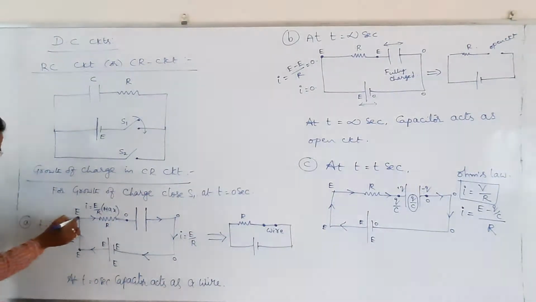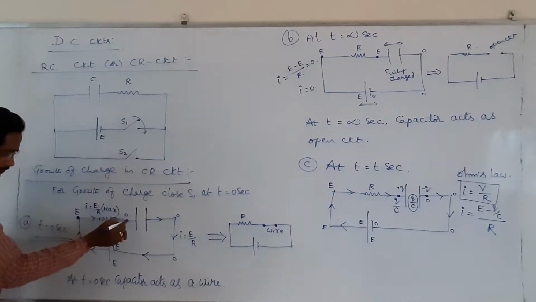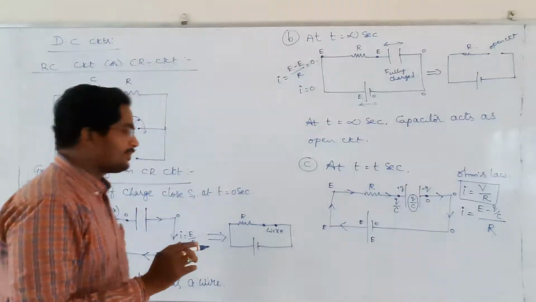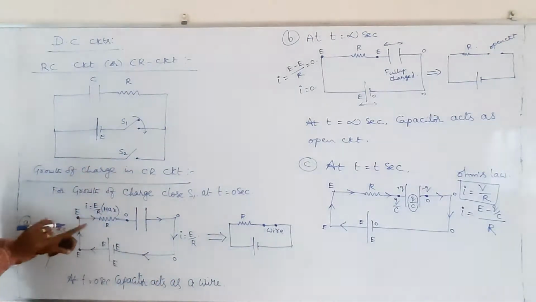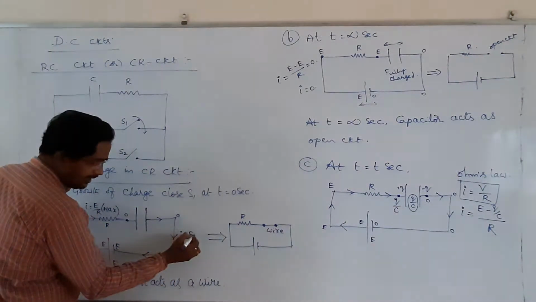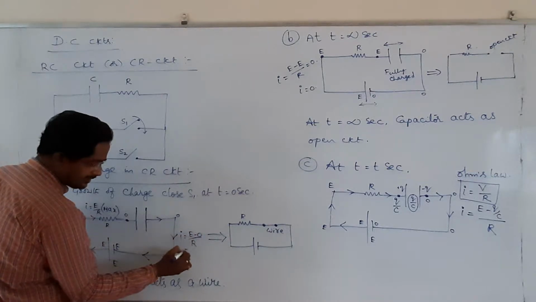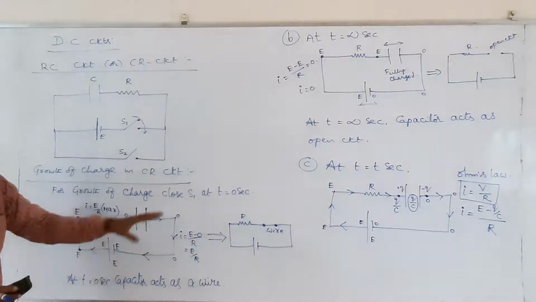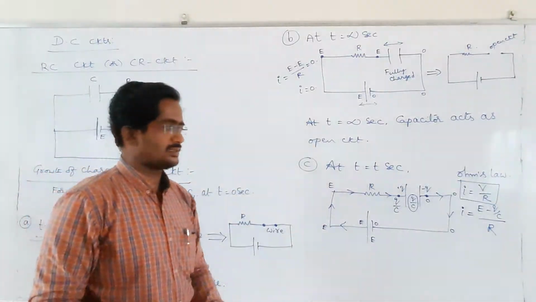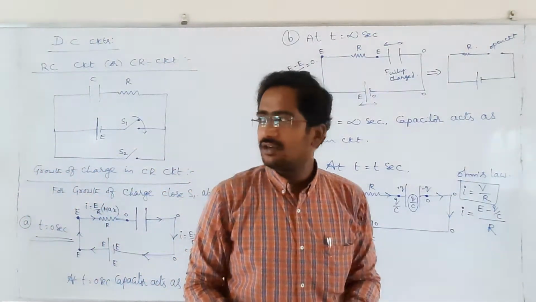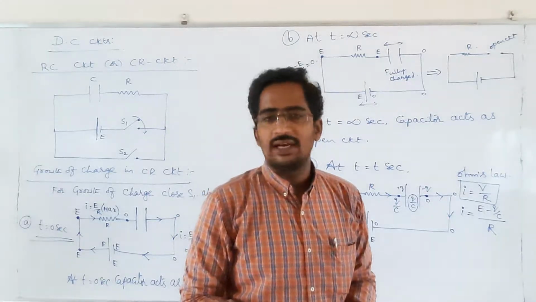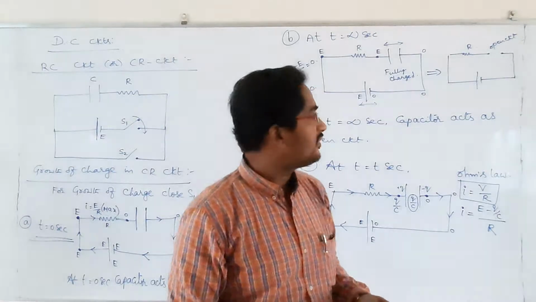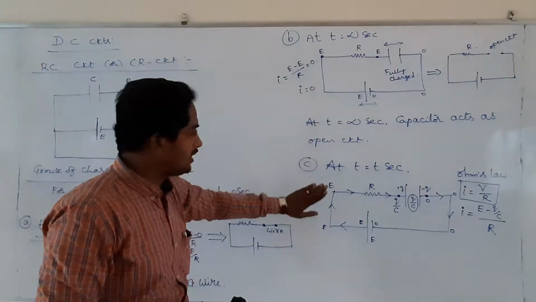Simply the potential difference here is E minus 0, divided by resistance, that means E minus 0 by R, that is E by R. Like that, in all these three cases, we wrote the current value from Ohm's law. Okay, so with that, this is over.